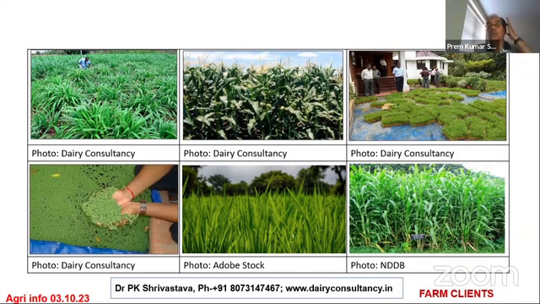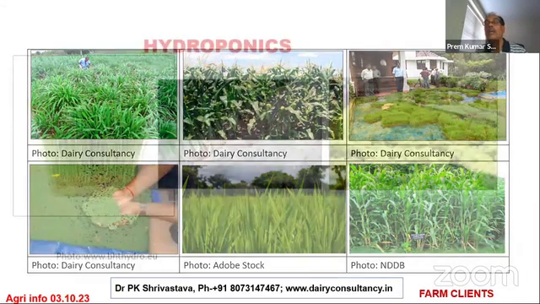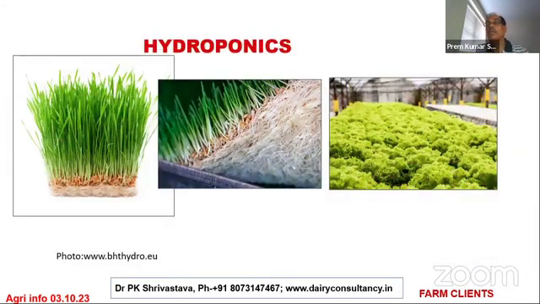I have also shown azolla and hydroponics. Hydroponics, nowadays everybody is looking for it, and people are using it. It has really become a very easy kind of fodder, highly nutritious, and people are using it. That's why I have tried to touch on hydroponics, how people are making it.